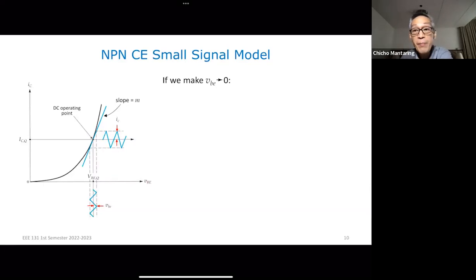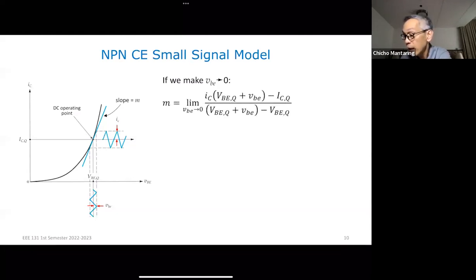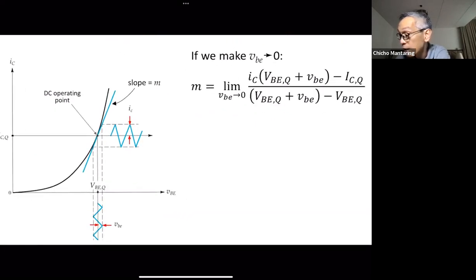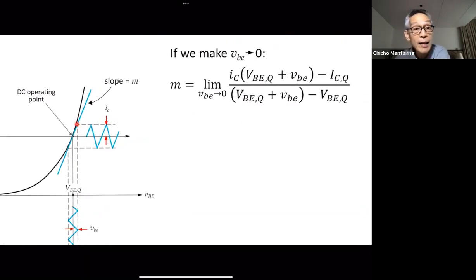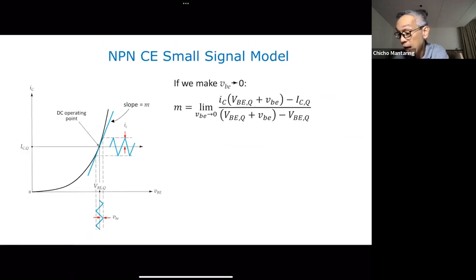If I make VBE approach 0, the slope m is just going to be the limit as VBE approaches 0 of the change in IC divided by the change in VBE. My change in IC is IC at this point minus IC at this point. The IC at this point is IC at VBEQ plus VBE, minus IC at this point, which is ICQ.